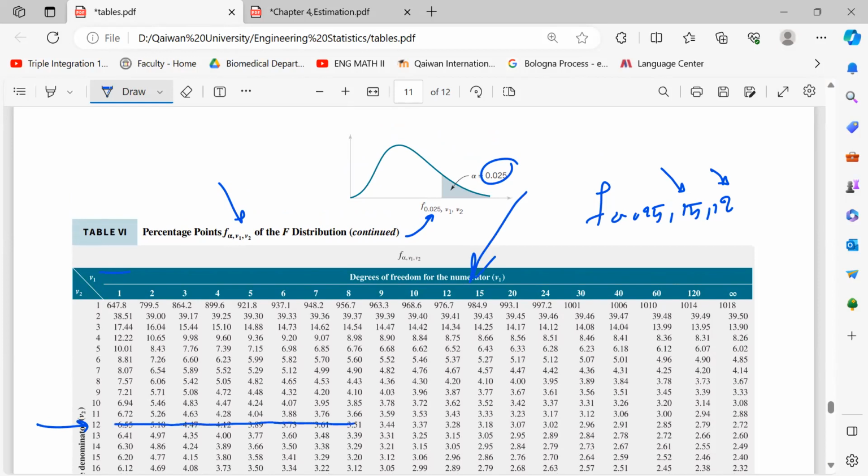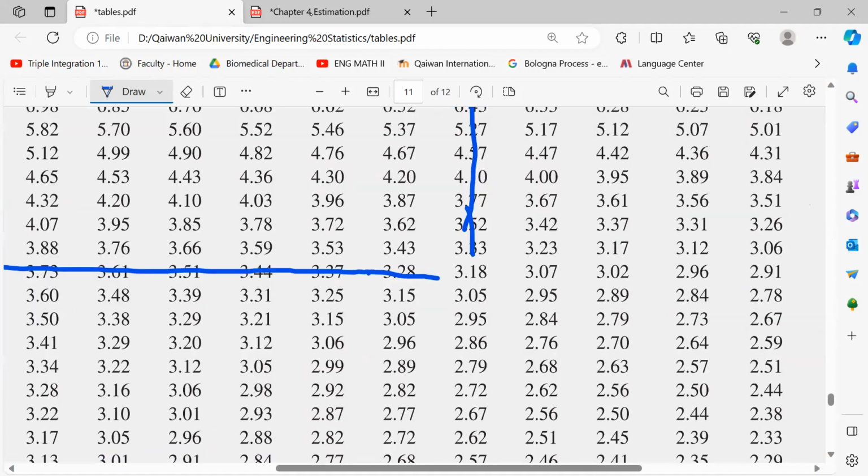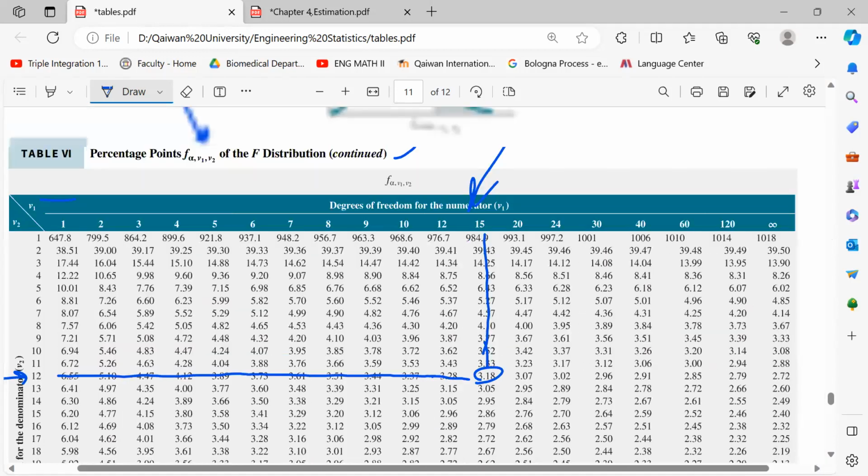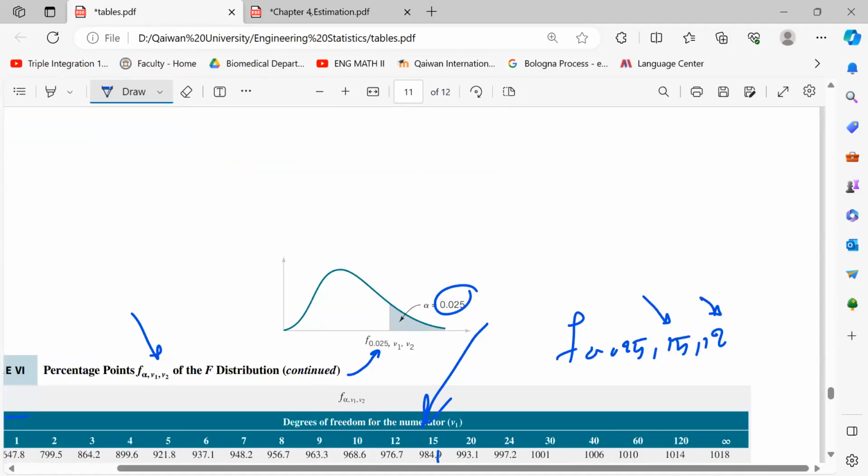Now, we look for this. It is 3.18, is it? It is 3.18. That's it. Now, F of 15 and 12 is 3.18.